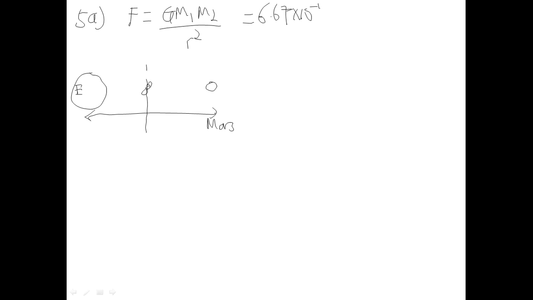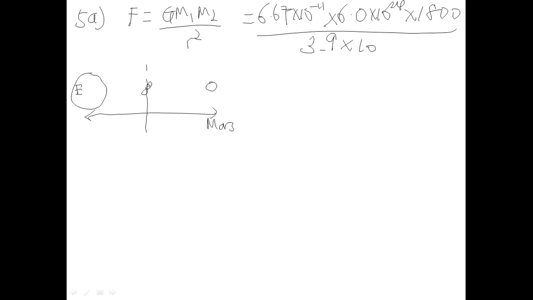Times the mass of the Earth, which is 6.0 times 10 power 24, given in the data, times the mass of the probe, 1,500 kilogram, over the halfway distance between the Earth and Mars, given in the data, which is 3.9 times 10 power 10.